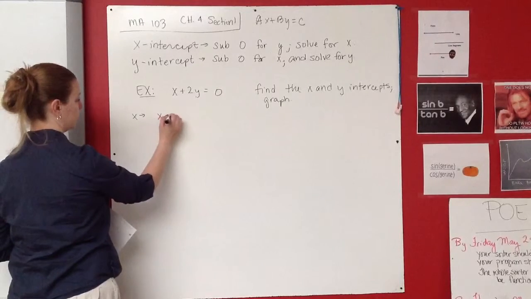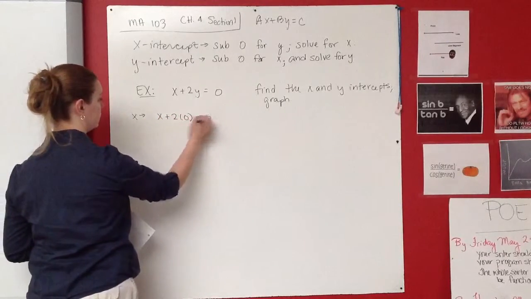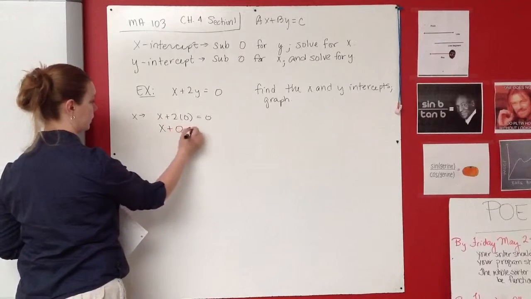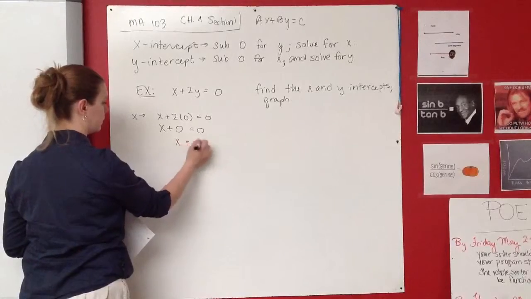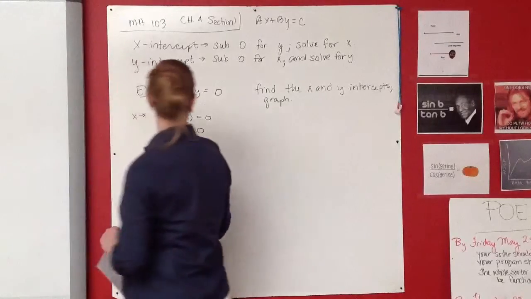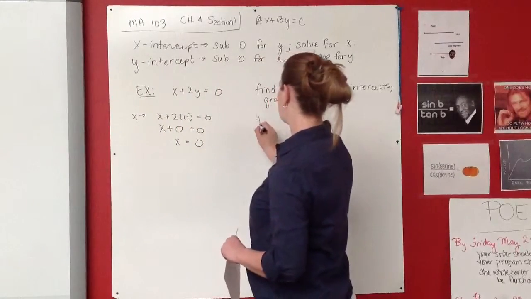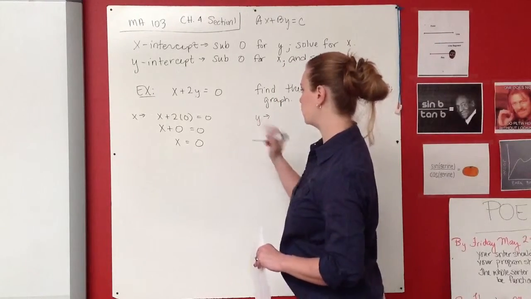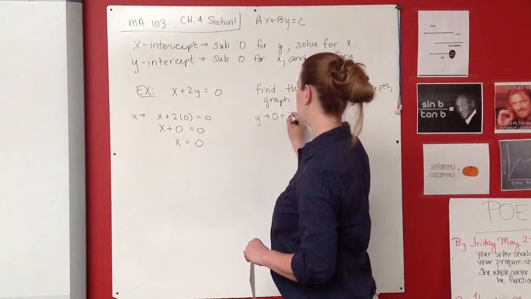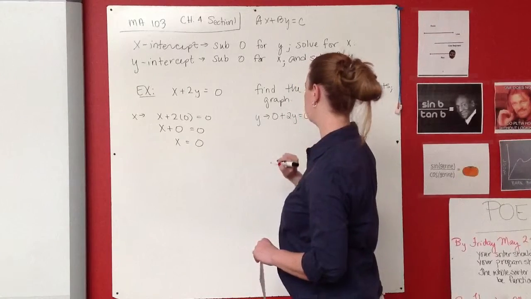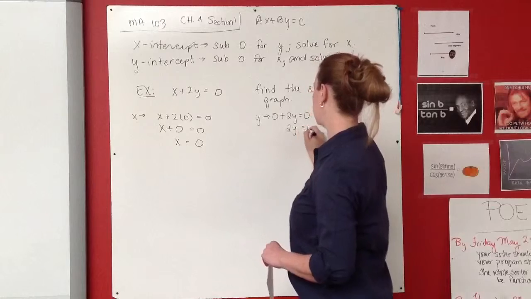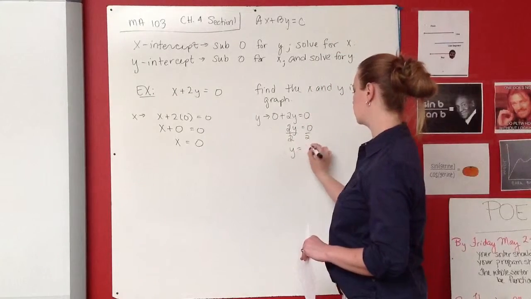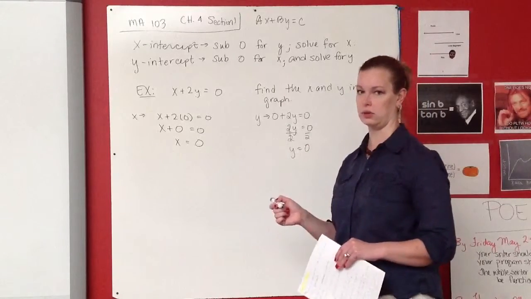So we'll have x plus 2 times 0 equals 0. x plus 0 equals 0, so x equals 0. To find the y-intercept, we substitute 0 for x, so we'll have 0 plus 2y equals 0. 2y equals 0. Divide both sides by 2, and in this case, y also equals 0, so they intercept at the same point.